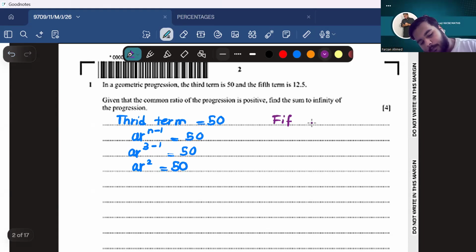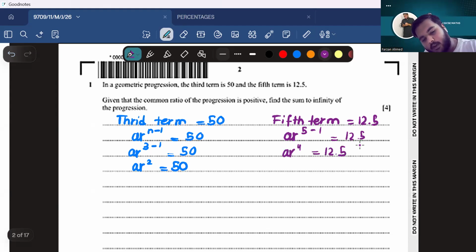The fifth term is equal to 12.5. The fifth term will be AR^(5-1), so AR^4 is equal to 12.5.